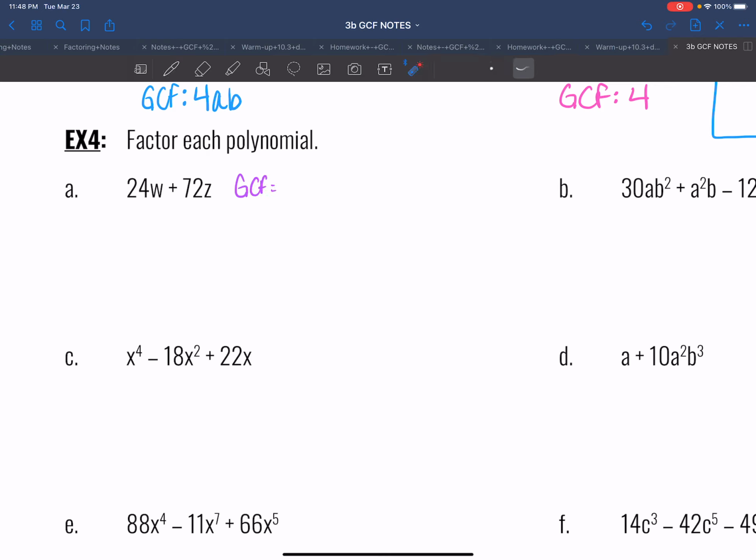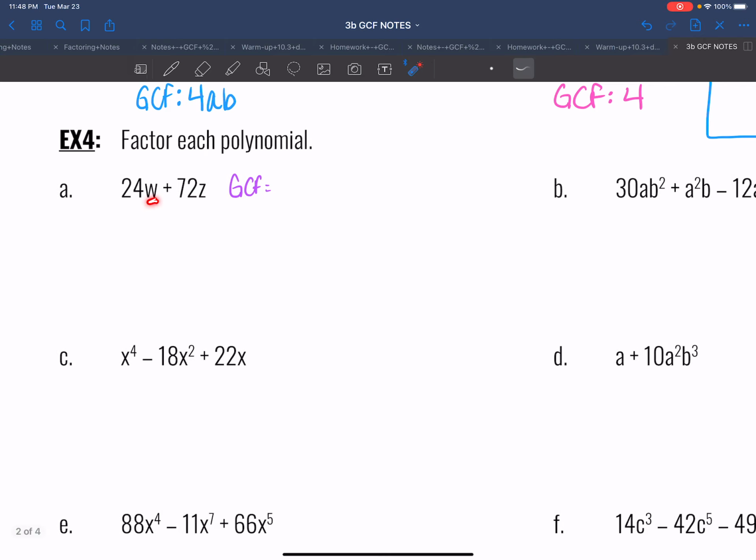All right, so I look at both terms, and right away I can tell this one has a W and this one has a Z. Those letters are not the same, so I'm not going to be able to factor out a variable. But 24 and 72, those share factors. They share quite a few, actually. But 72 divided by 24 is 3, so our greatest common factor is 24. You can divide both by 24 evenly.